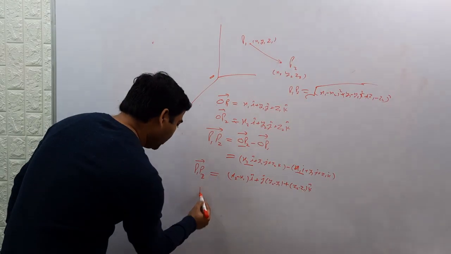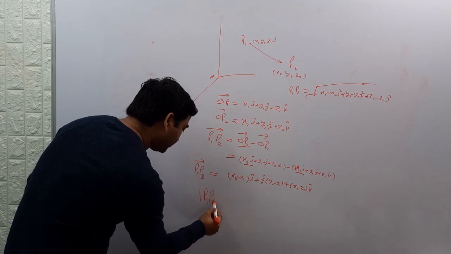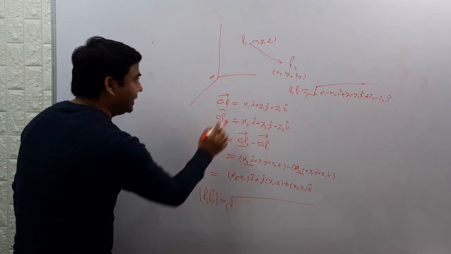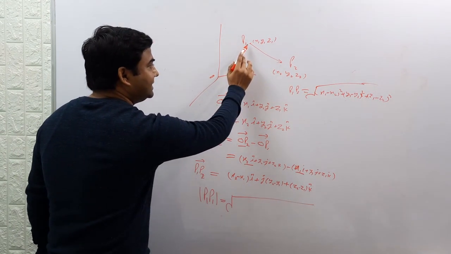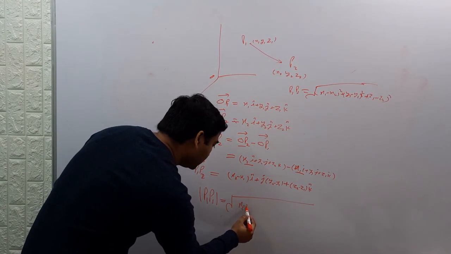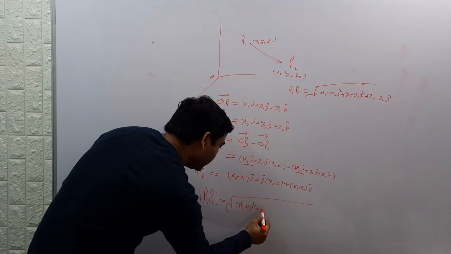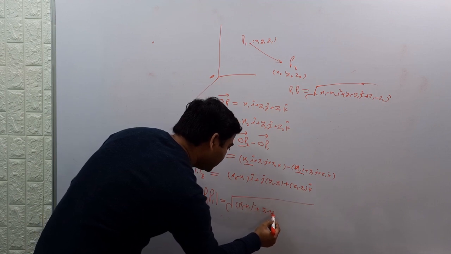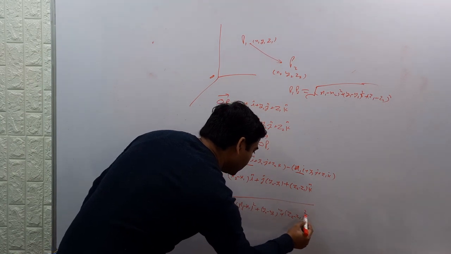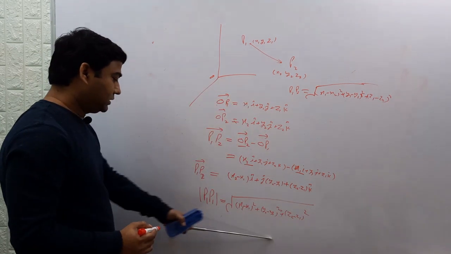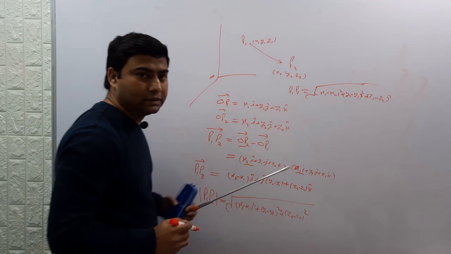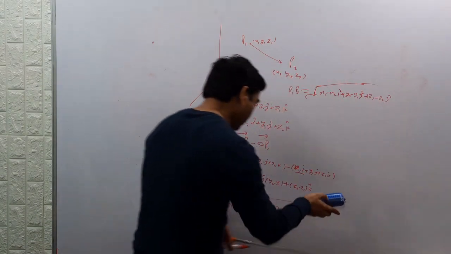So you can say the modulus of this vector will be the length of P1P2, that is, the distance between points P1 and P2: (x2 minus x1) squared, (y2 minus y1) squared, (z2 minus z1) squared. So this is the formula for finding the modulus of this vector P1P2.